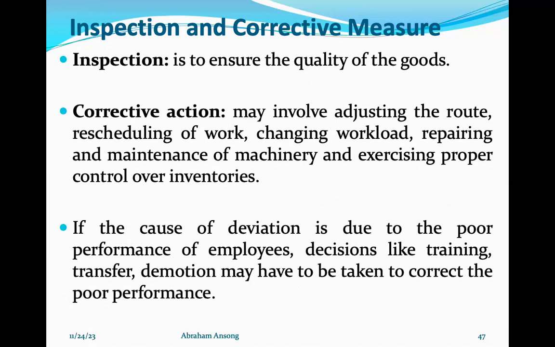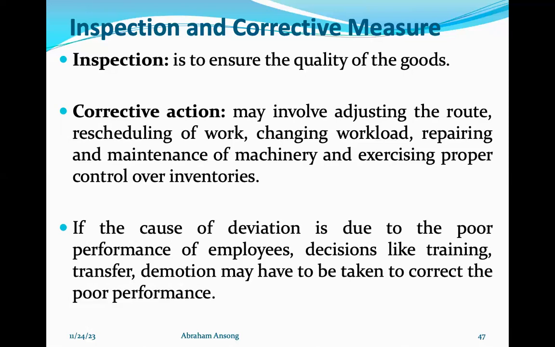So you need to undertake inspection, and if there are deviations, you take corrective action. So inspection is to ensure the quality of the goods. Corrective action may involve adjusting the route, the rescheduling of work, changing workload, repairing and maintenance of machinery, and exercising proper control over inventories. So all of these things could be done.